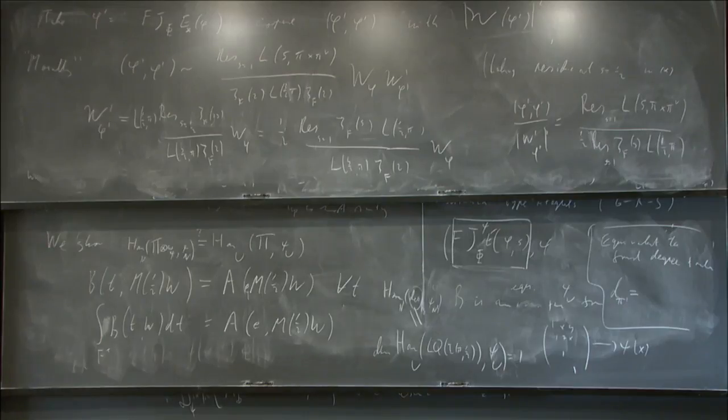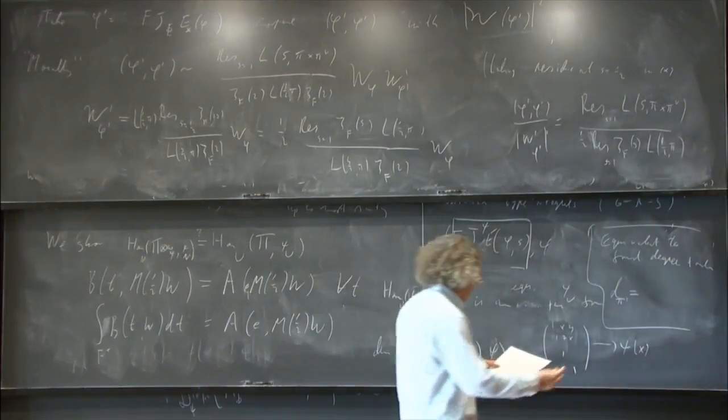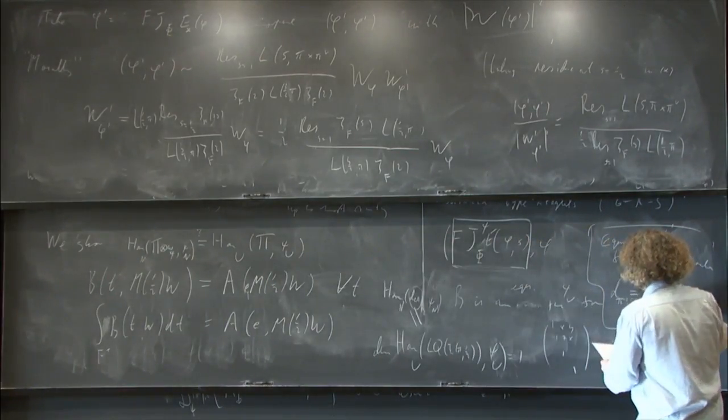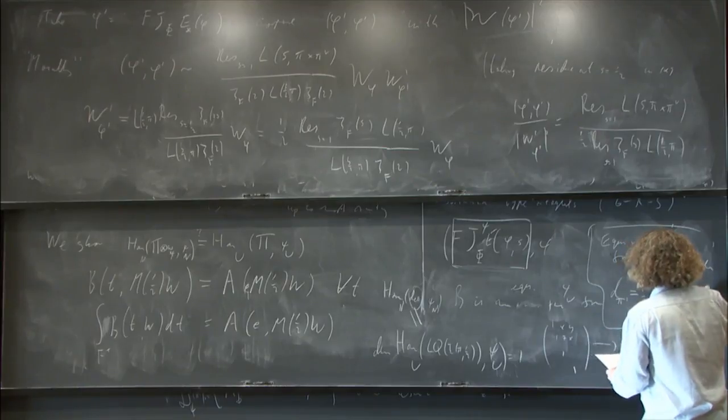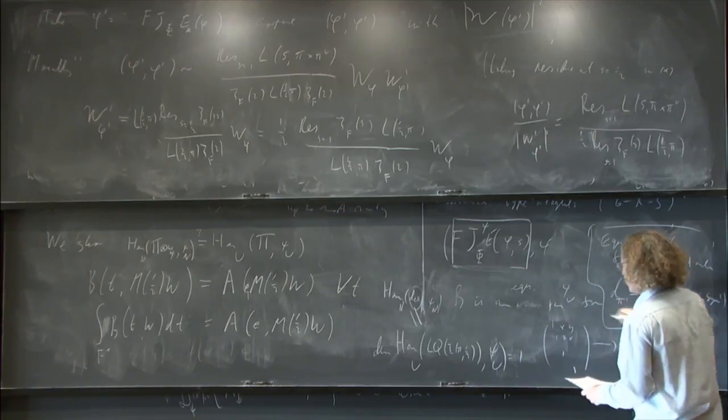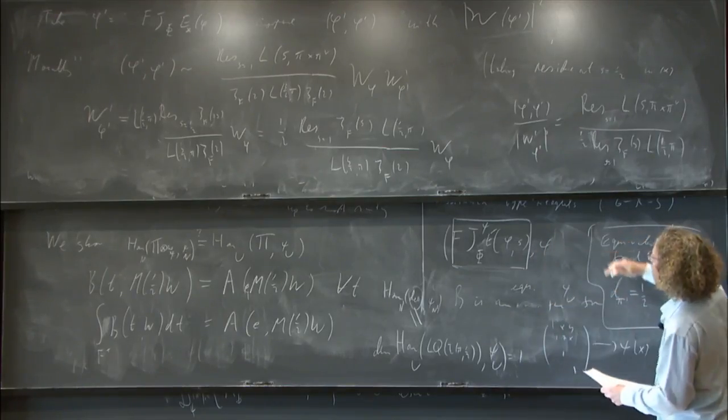Yeah. Okay, so it's basically half of gamma 0 pi symmetric square, which comes as a quotient of these two L factors. Right?